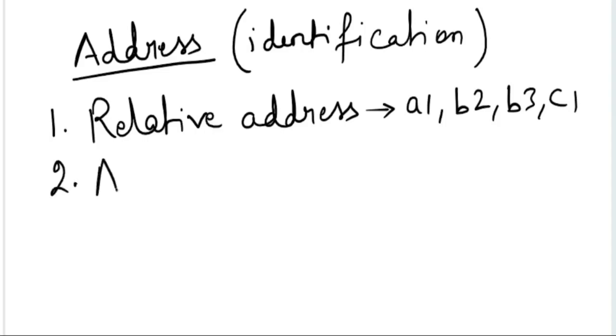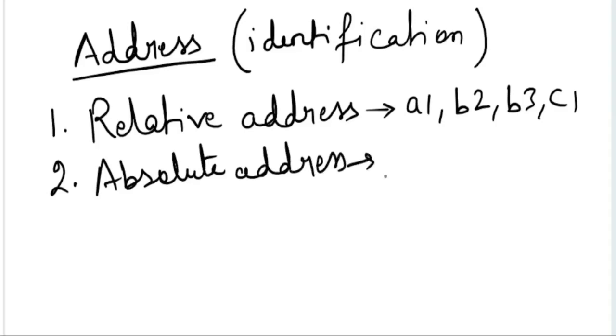Second is absolute address. This mechanism needs to prefix row and column with the $ sign, like $A, $1, $B, $2, and like this.